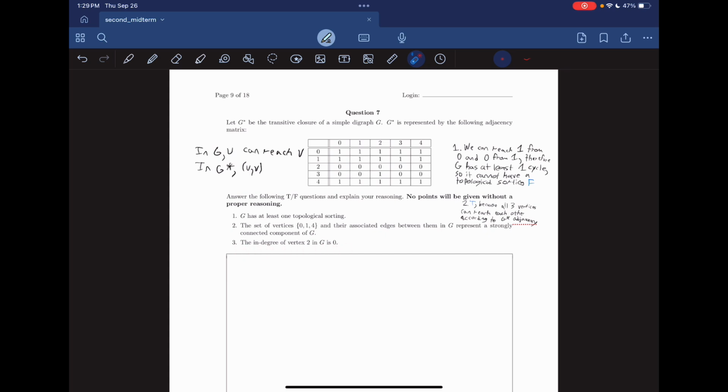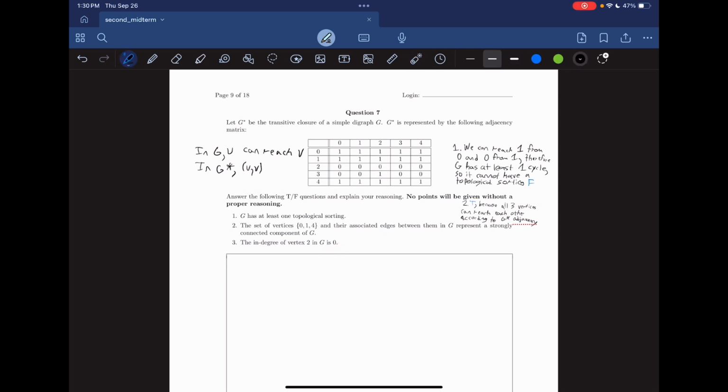Now, knowing the number of in degrees to a vertex in a graph when you're given the transitive closure adjacency matrix is a bit tough, in that if you're only given the transitive closure adjacency matrix, you don't know what the edges are that exist within G. You just know which vertices are reachable by other vertices. And that can give you some information on the edges, but not a ton. However, this specific one is asking if the in degree of vertex 2 is 0.